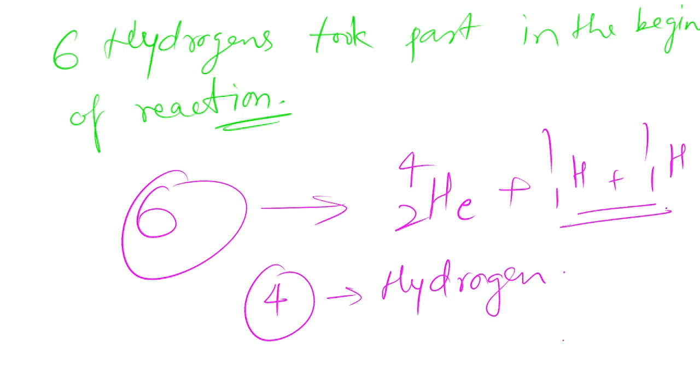So this small returning back into the core of the star helps the reaction to go on for a very long time, because all the hydrogens which are taking part are not getting consumed instantaneously. Some of them are returned back.